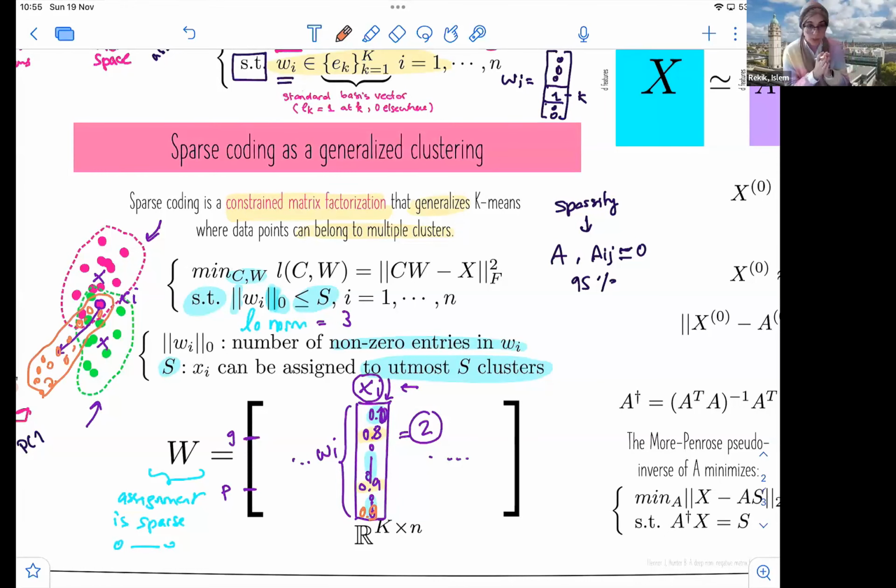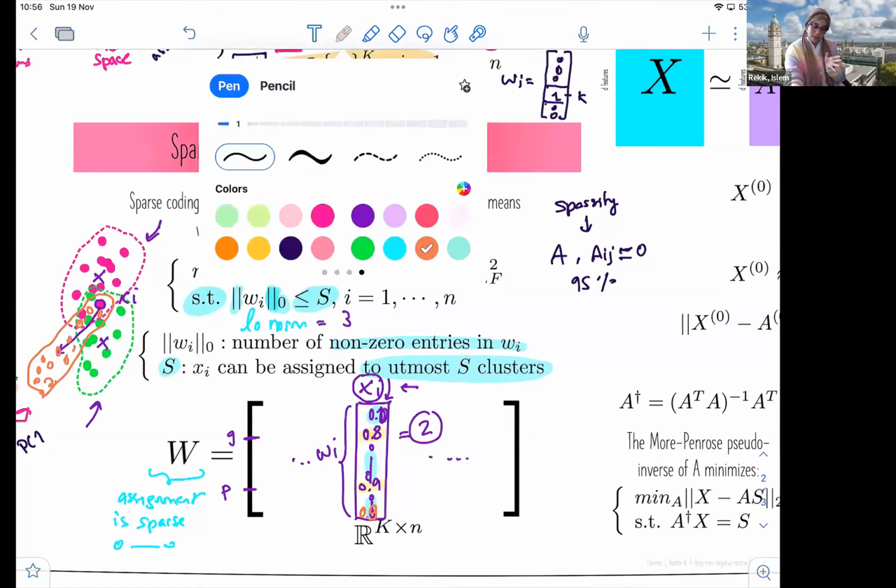Okay, guys, so sparse coding is actually a generalized version of clustering, and it could also be formalized as a matrix factorization problem. And it's also about learning what?